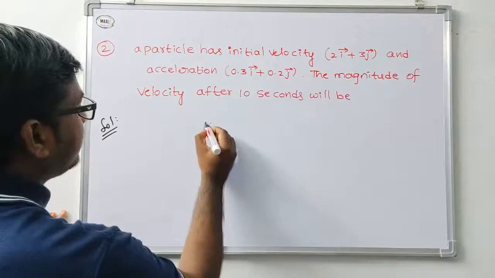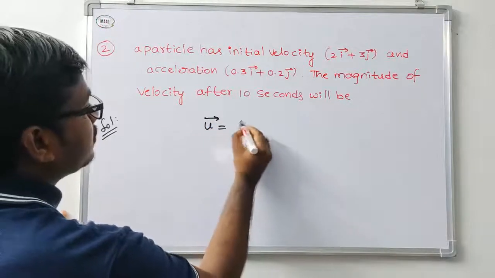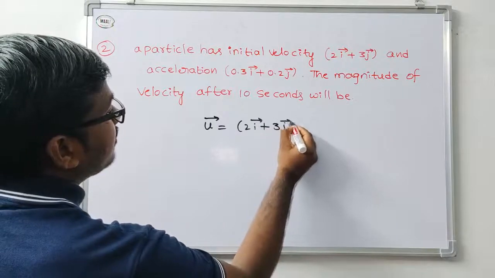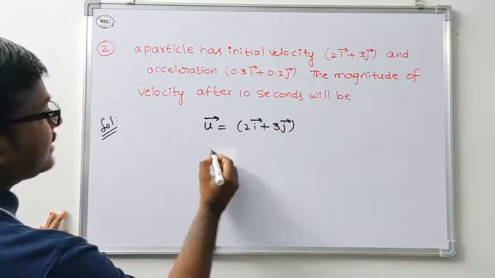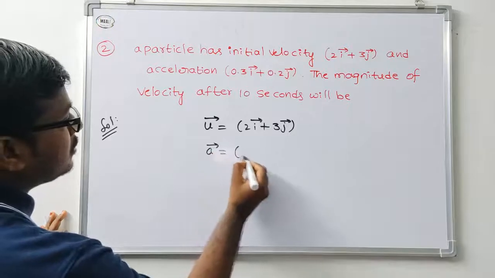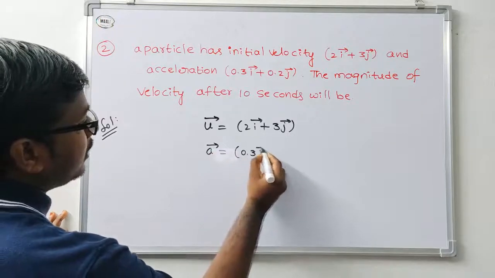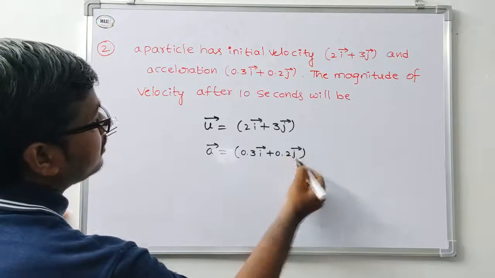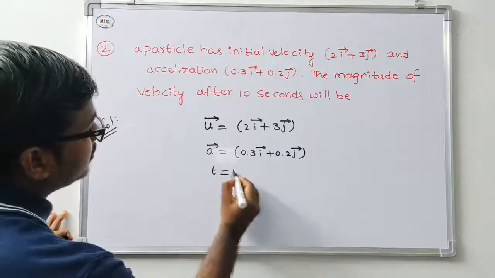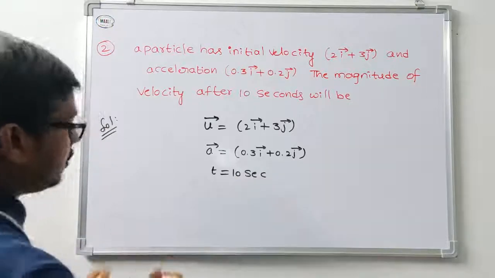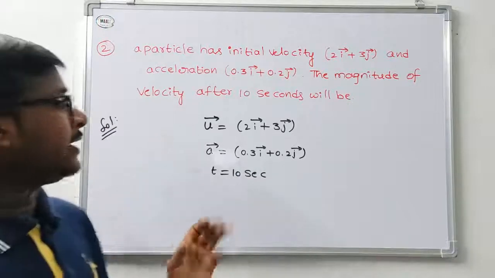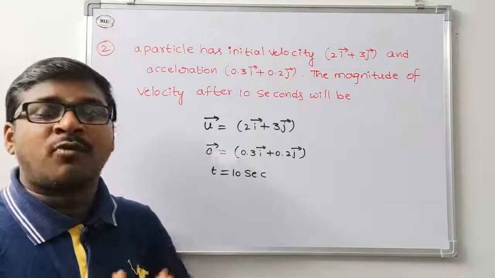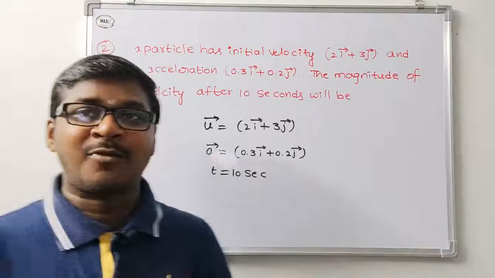Initial velocity u = 2i + 3j. Acceleration a = 0.3i + 0.2j. The time taken t is equal to 10 seconds. Okay, the bar denotes that velocity and acceleration are vector quantities. So what is a vector quantity?